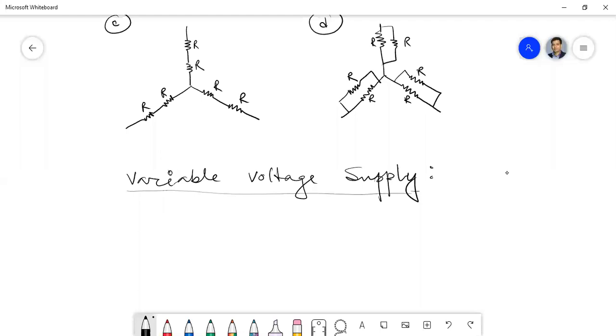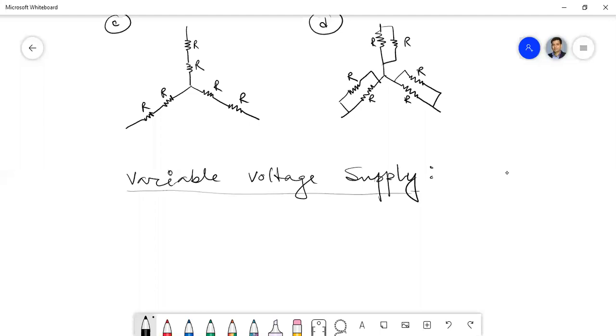Sometimes for an electric furnace, or larger plants, for temperature control, we use a dedicated voltage supply, and that dedicated voltage supply will have a variable voltage at the output.